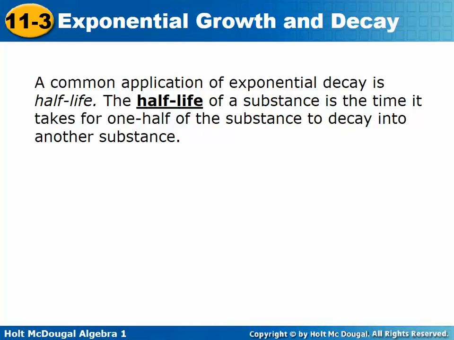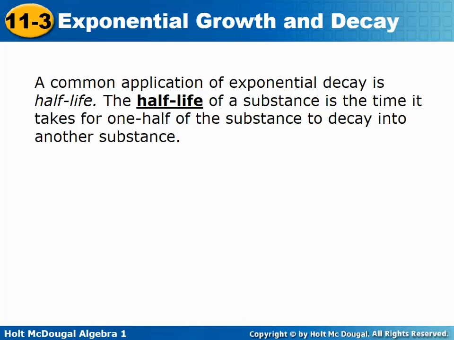Okay, the last thing that we're going to talk about for an application of exponential decay is called half-life. This often is an example that we take from science. So the half-life of a substance is the time it takes for 1/2 of the substance to decay into another substance.